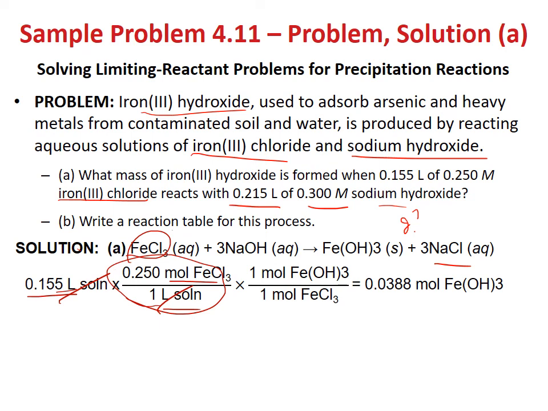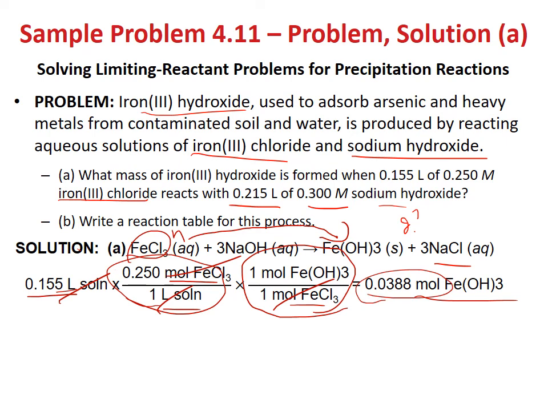Now we have moles of iron chloride, and the stoichiometry between iron chloride and iron hydroxide is a 1:1 ratio. So here is the conversion factor: 1 mole iron chloride, 1 mole iron hydroxide. Moles of iron chloride cancel, giving you moles of iron hydroxide. This is the moles of product that will be formed if all the iron chloride is consumed.